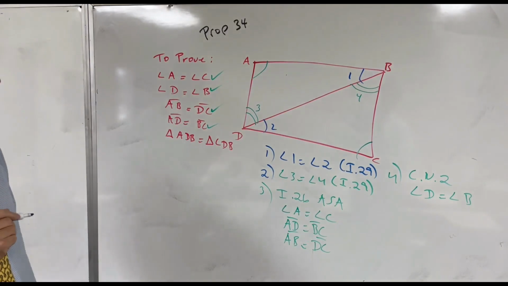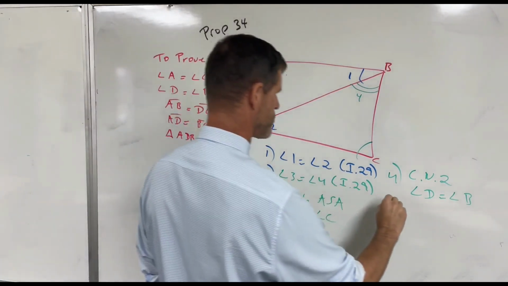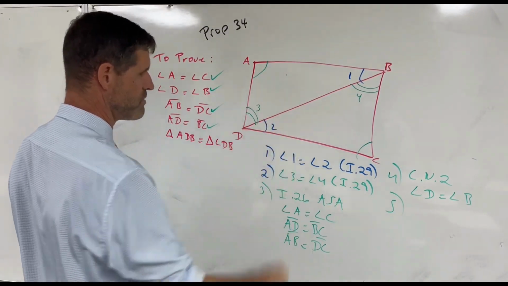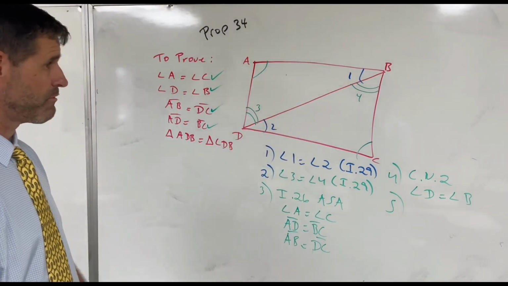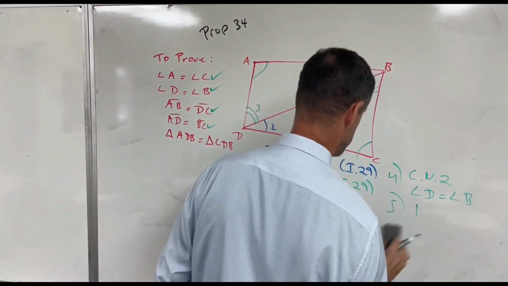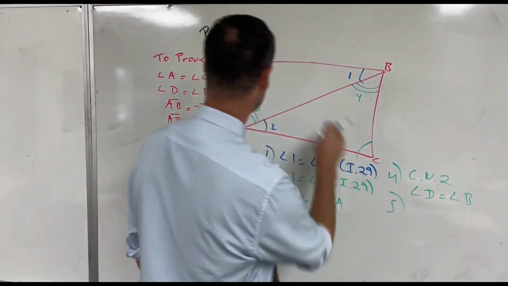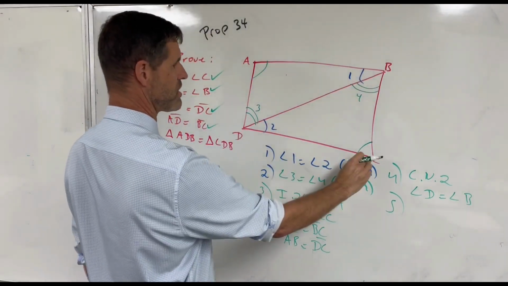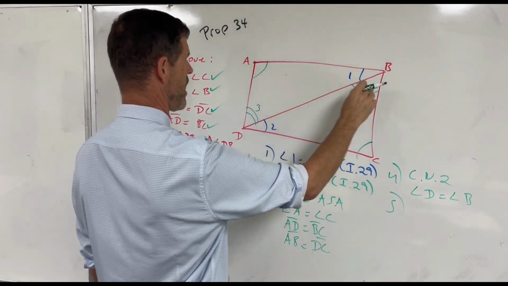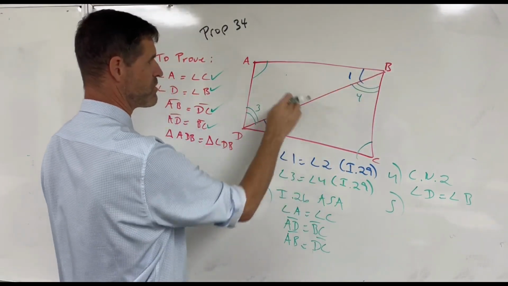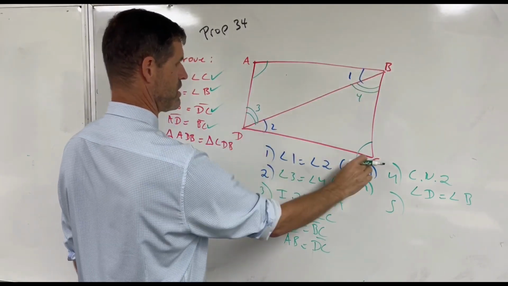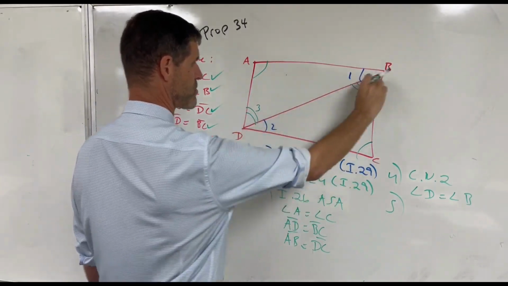And then the final part is to show that this triangle ADB is equal to this triangle CDB. And he reverts back to prop 4 for that one. We know that AB is equal to DC. We know that angle 1 is equal to angle 2, and we know that BD is common to both triangles. So we've got side, angle, side, side, angle, side.